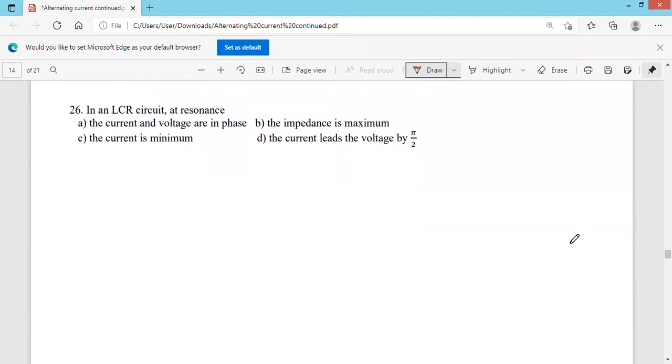Next one, 26. In a series LCR circuit at resonance, XL is equal to XC. That implies Z is equal to R. That shows that the circuit is purely resistive.